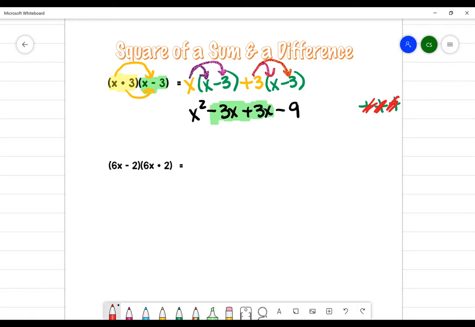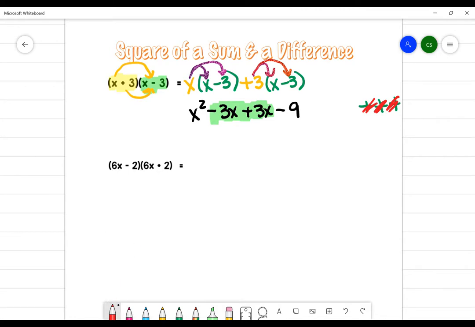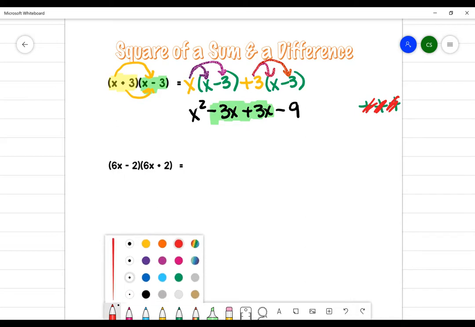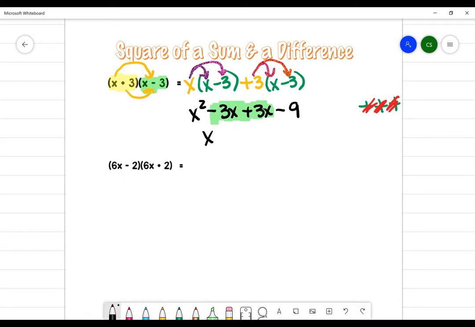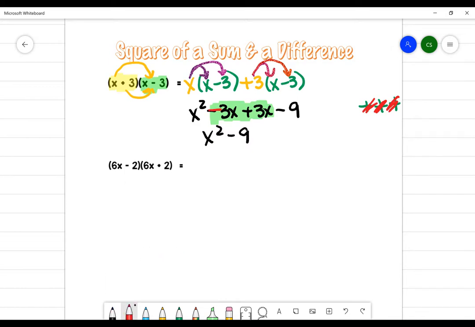So I'm just left with x squared minus 9. Because negative 3 and positive 3 are opposites of each other. That means when I combine them, they cancel out. That means I literally don't have any more x's to play with.